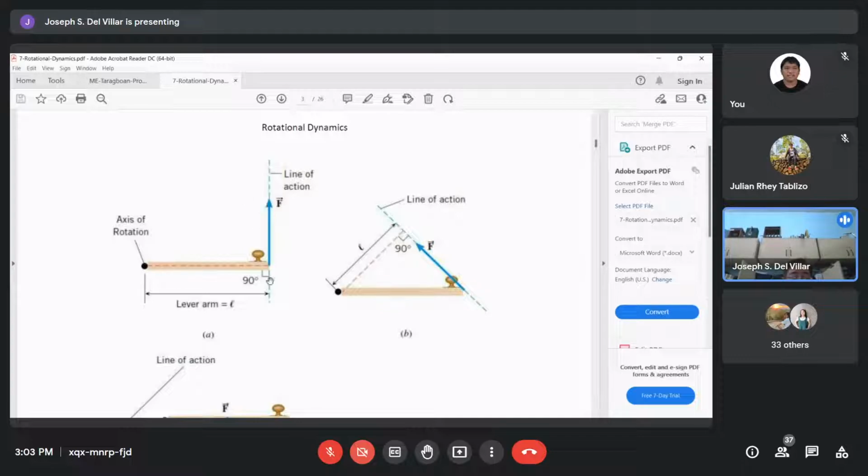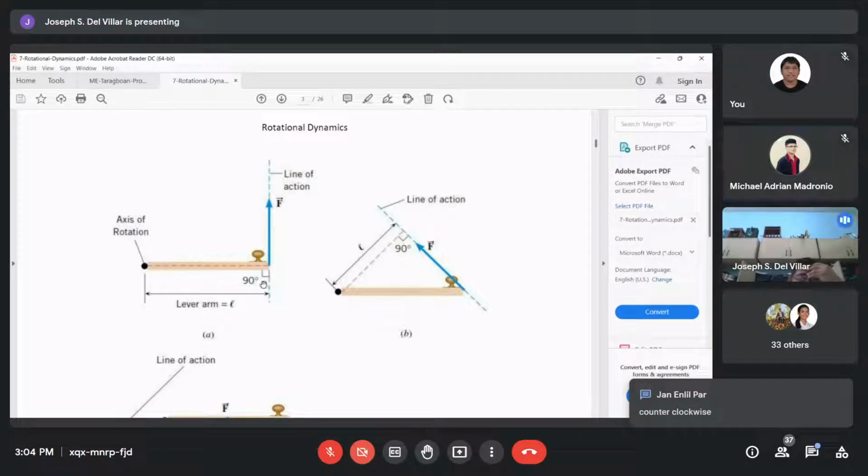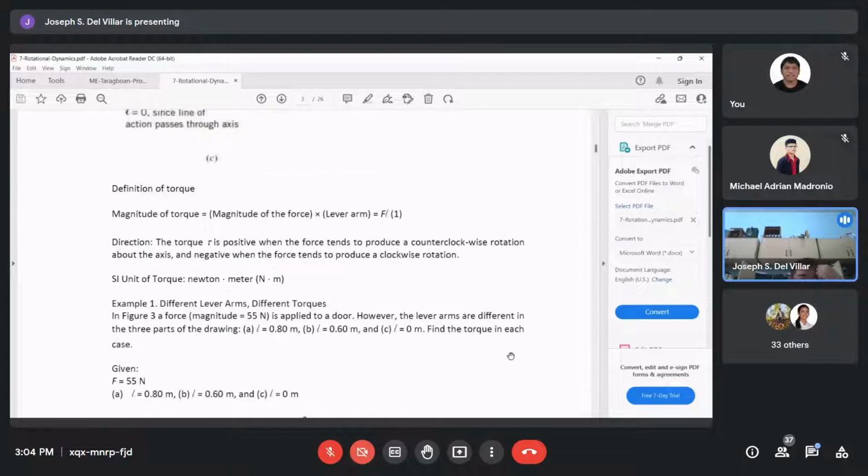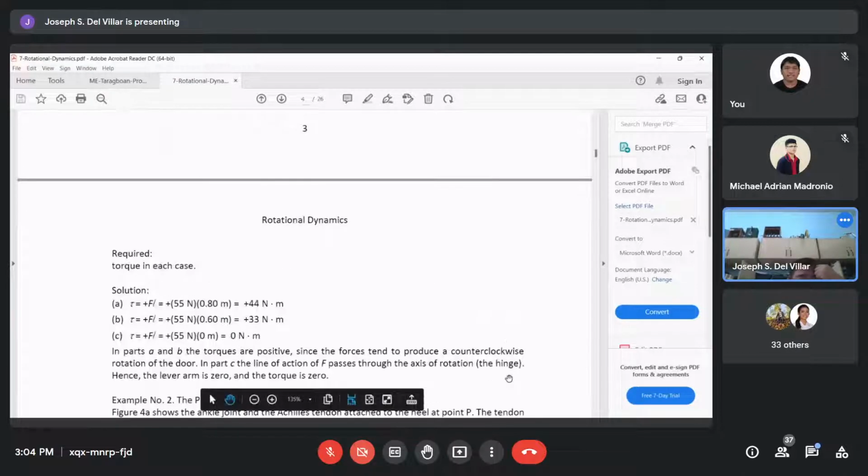Ano yung direction ng door? Ano yung rotation niya? Counterclockwise. Yes, counterclockwise, that's correct. So positive, no? Kasi pag tinulak mo to, gagalaw na yung door, di ba? Iikot ng pagana to. Okay? Counterclockwise.